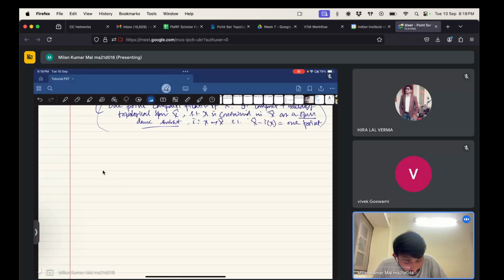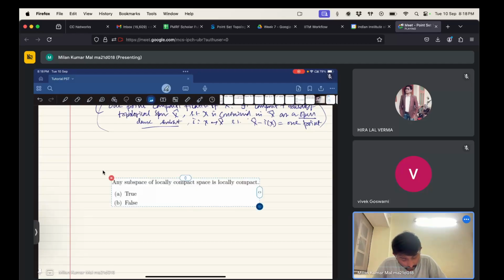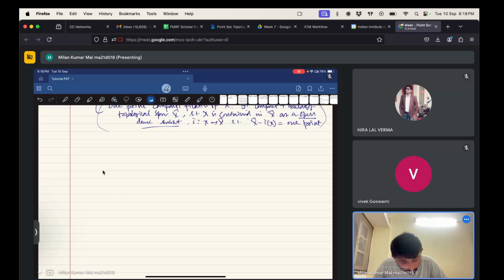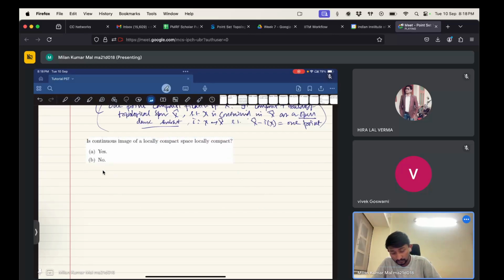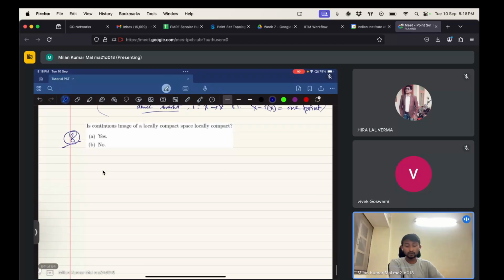The answer is no. A continuous image of a compact set is compact, but a continuous image of a locally compact set is not necessarily locally compact. So yes is not correct.